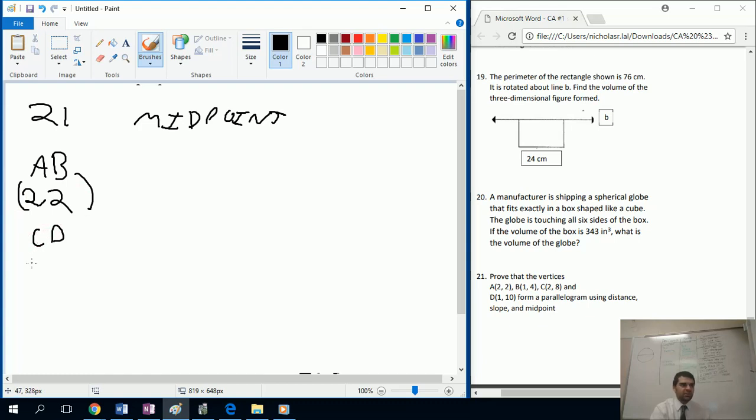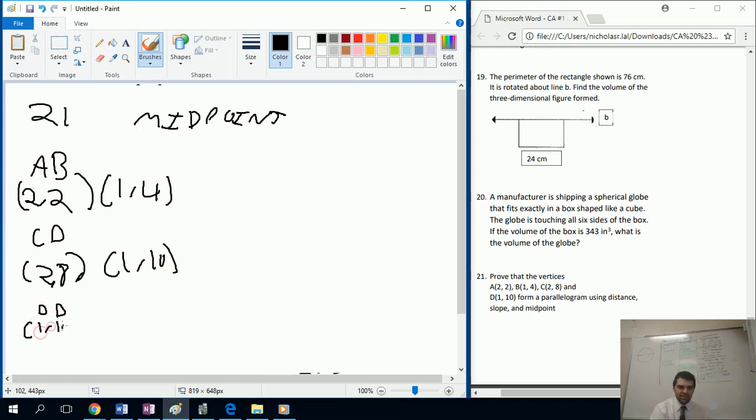CD is going to be 2, 8 and 1, 10. DB is going to be 1, 10 and 1, 4. And then AC is going to be 2, 2 and 2, 8.